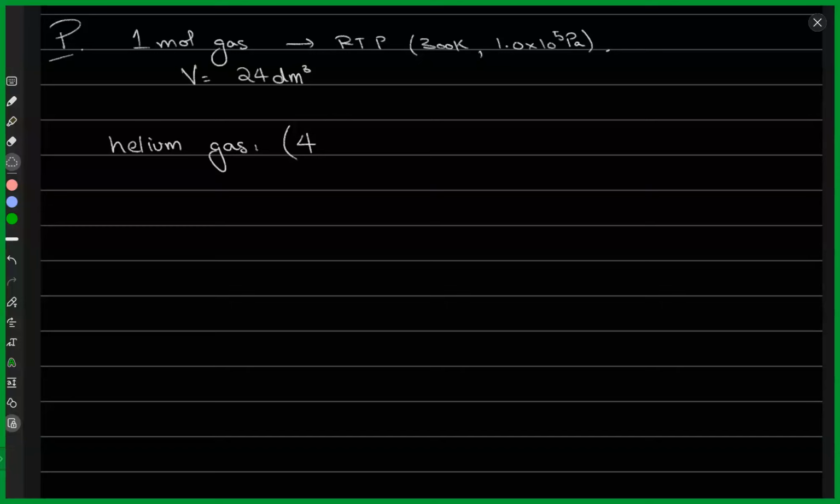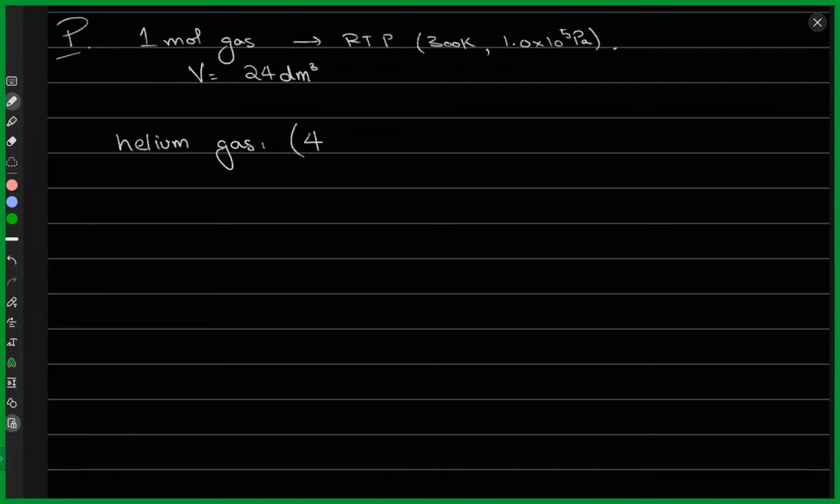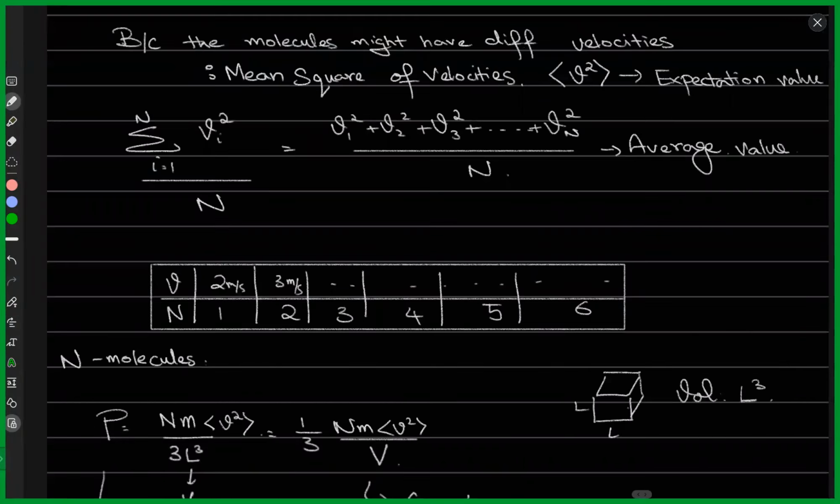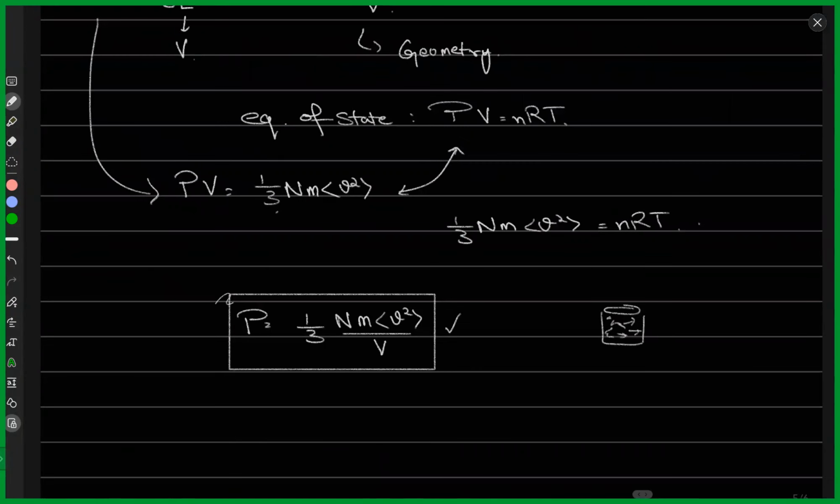And last time we were solving a problem. What we did last time, we talked about the relationship between the molecule's speed and the pressure exerted, and we derived a relation for that, if you remember. We derived a relation that relates pressure to the velocity of the molecule.